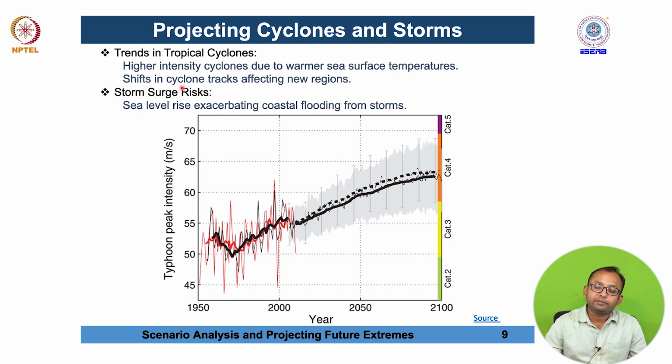There are also shifts in cyclone tracks affecting new regions, and it is also responsible for storm surge risk and sea level rise, exacerbating the coastal flooding from these storms.